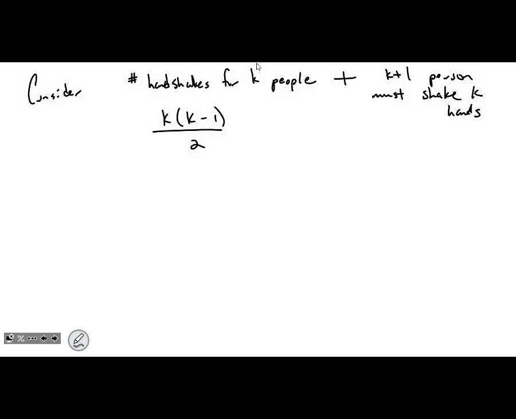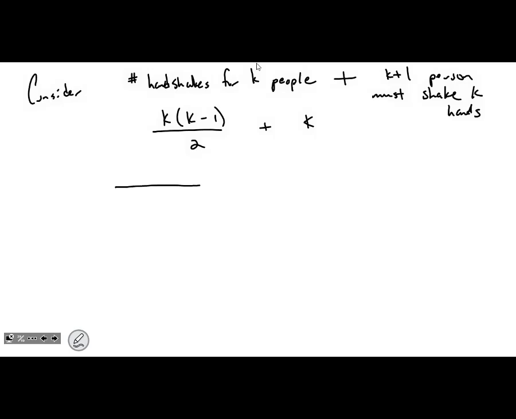So imagine all the first k people have shaken hands, and a k plus 1 person comes along. Well, in order to shake everyone's hand, he or she must then shake k people's hands. So plus k.